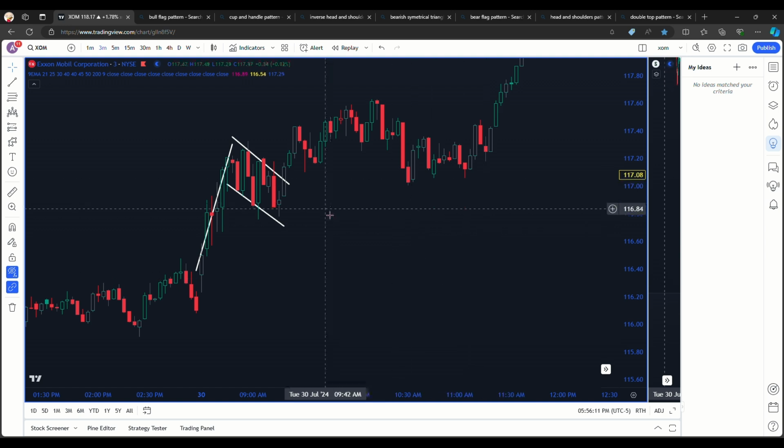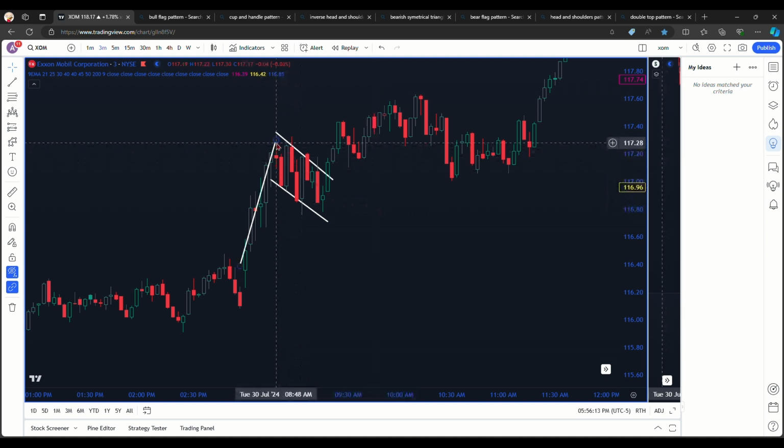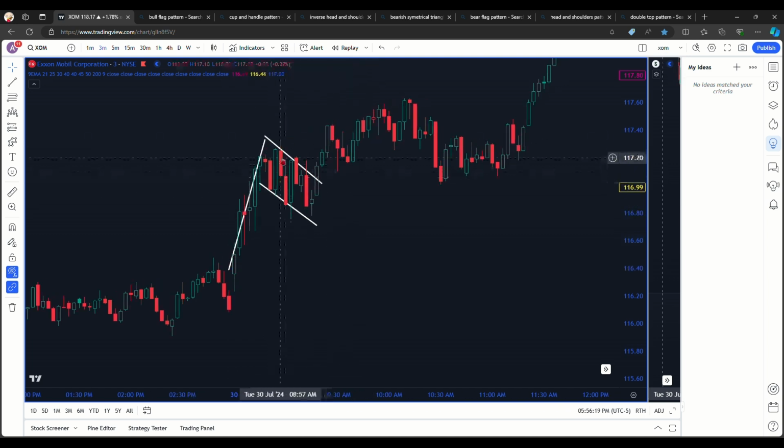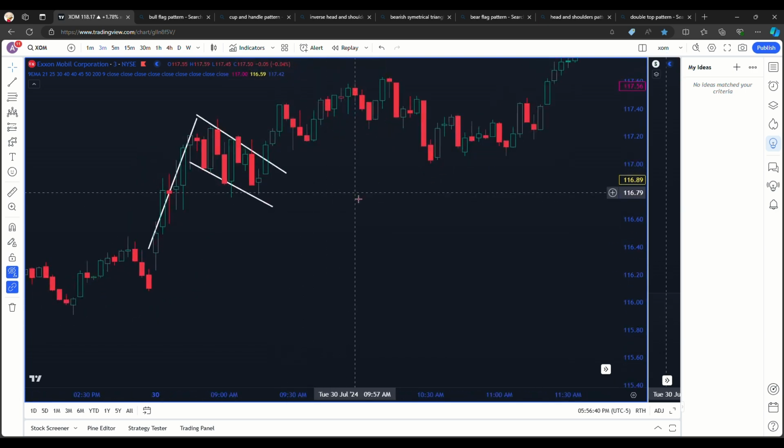With that being said, how you chart it out is you first take your trend line, find the uptrend, and then when you have a slight angled drop, how you can see it kind of comes at an angle, you would take your second trend line and run it across from the top of those points all the way down like so, and then from the bottom of those points where it kind of bounced up and then dropped too far, and that is how you would chart out a bull flag.